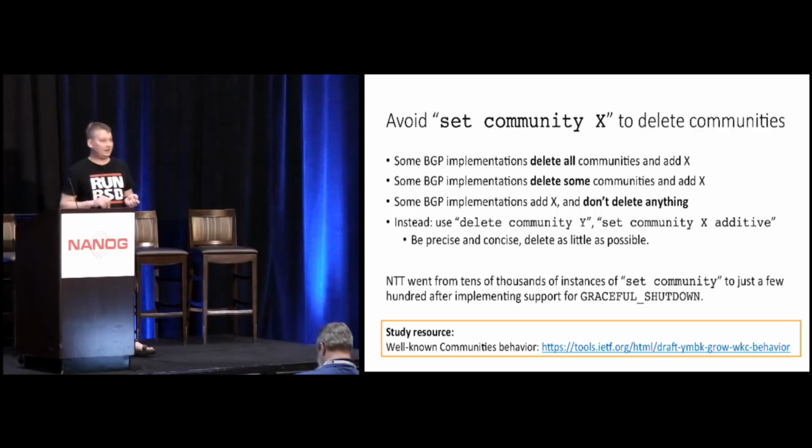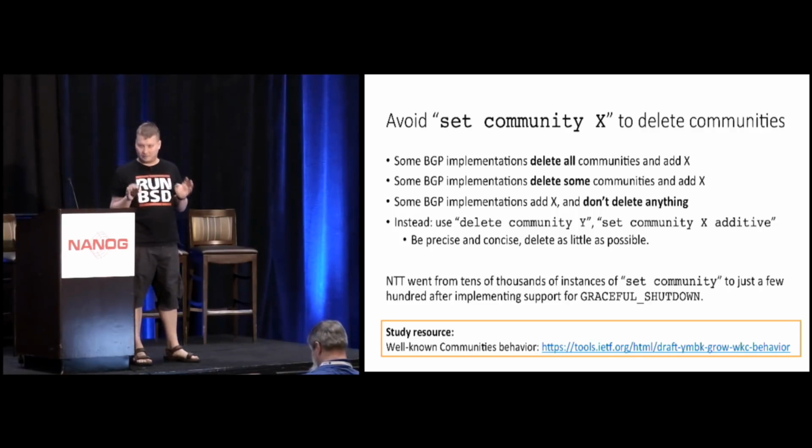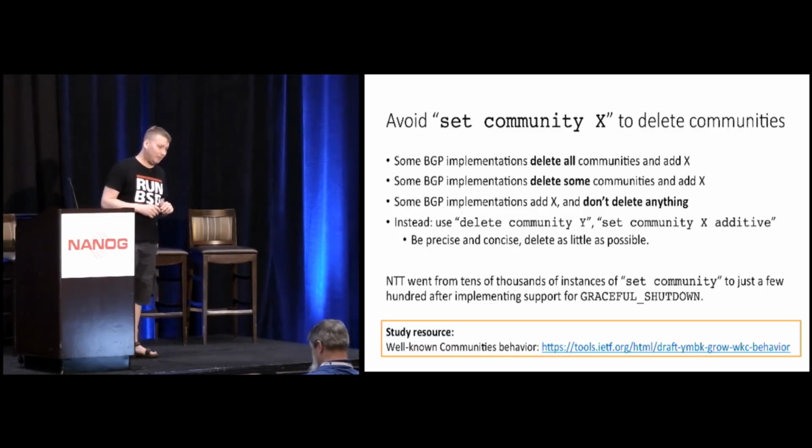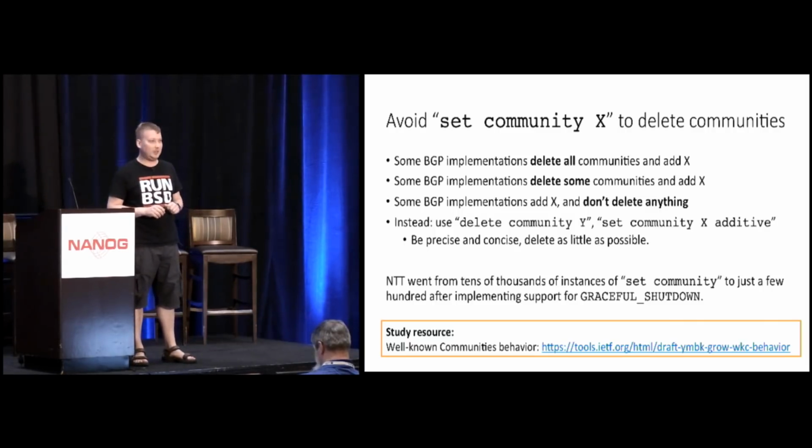What I advocate, because of this inconsistency across the vendors, and I'm talking the big vendors, so everybody is affected by this design pattern: instead, use delete community, where you explicitly delete everything you don't want, and then add community. And the nice thing about this approach is that it makes it much easier to implement features like graceful shutdown.